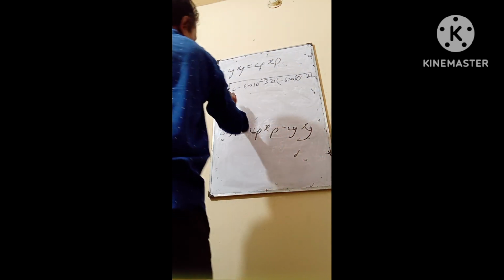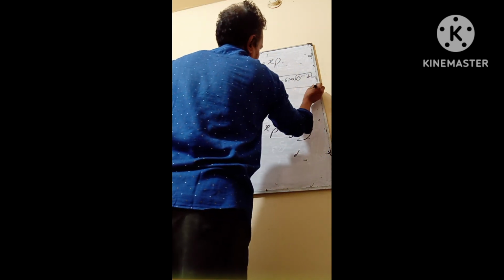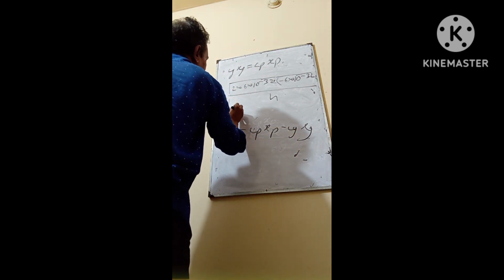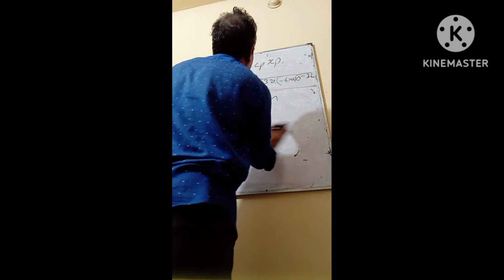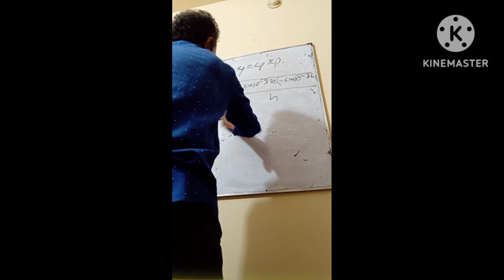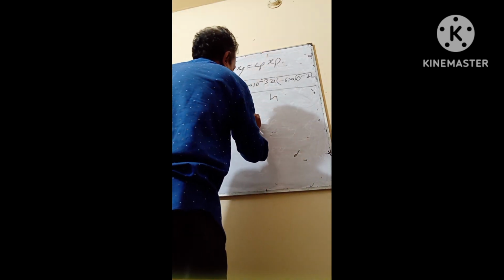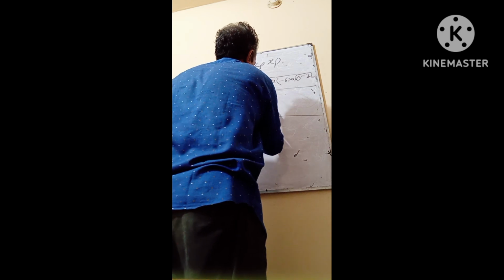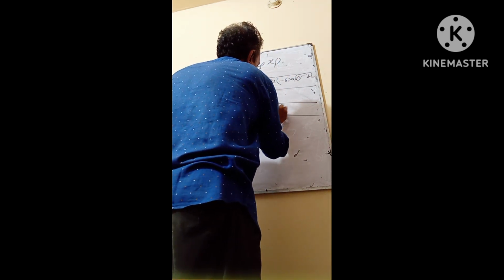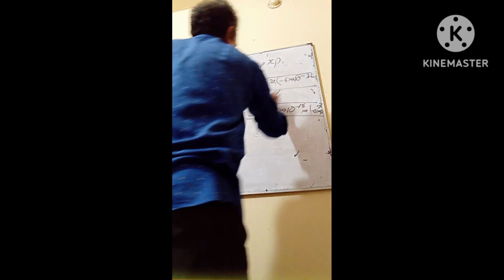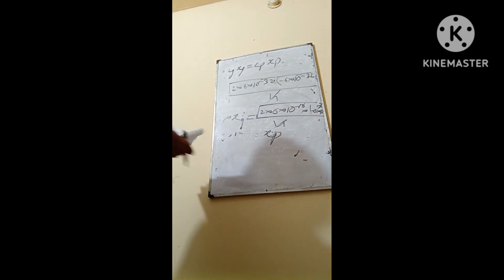In the previous equation, I calculate this by H into XZ and CP, two into 6 into 10 to the minus 16 by H and XP.